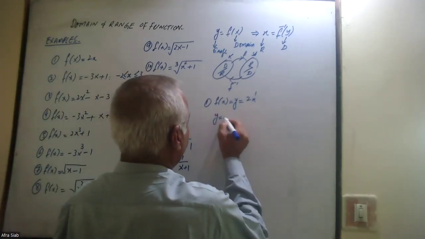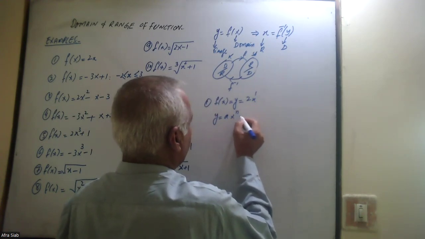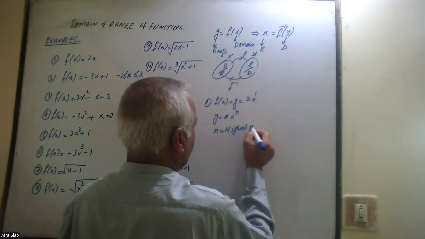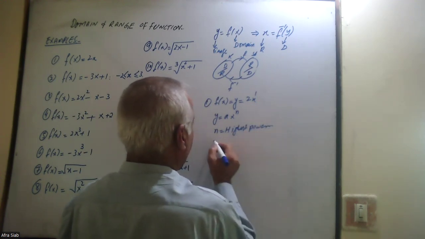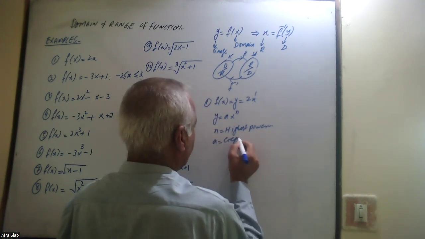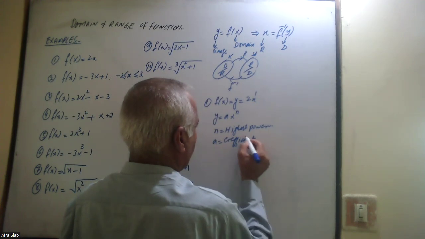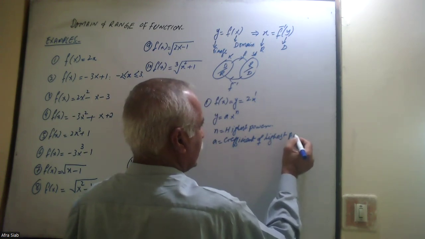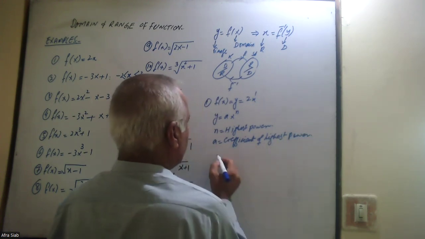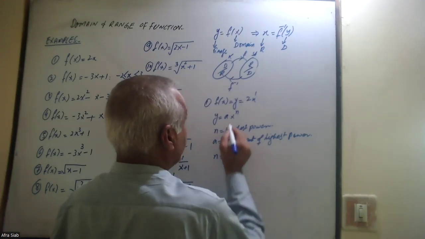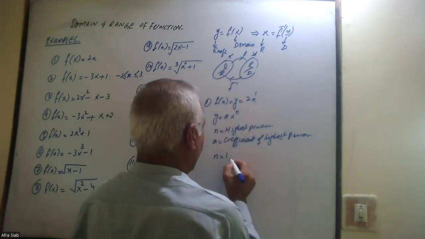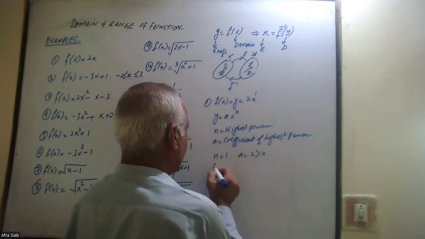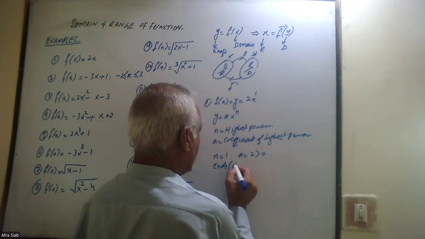So first of all, we define this as ax^n, where n is the highest power and a is the value of the coefficient of the highest power. Since n is equal to 1 in the first case and a is equal to 2, which is greater than 0, the ends of the graph are in opposite directions.